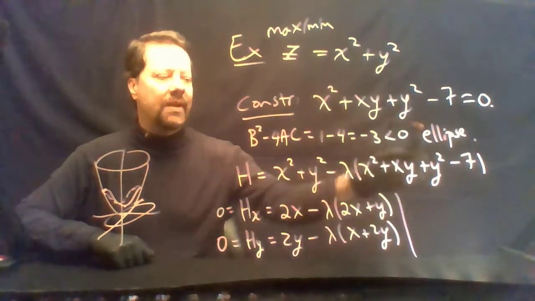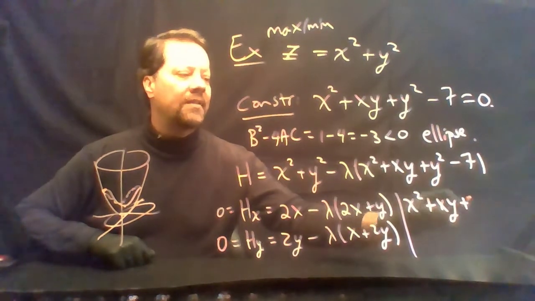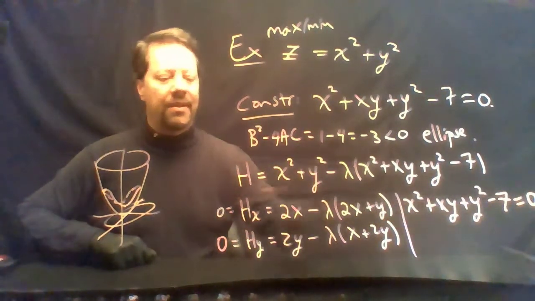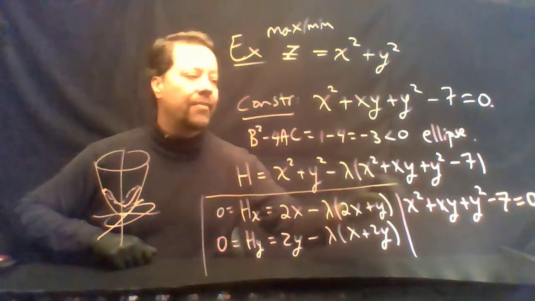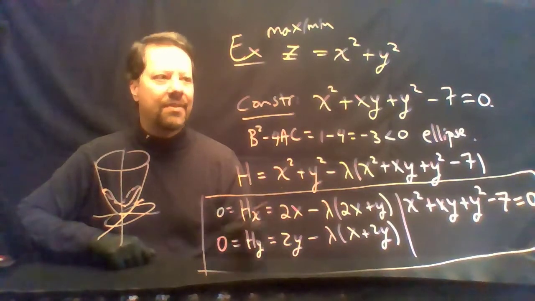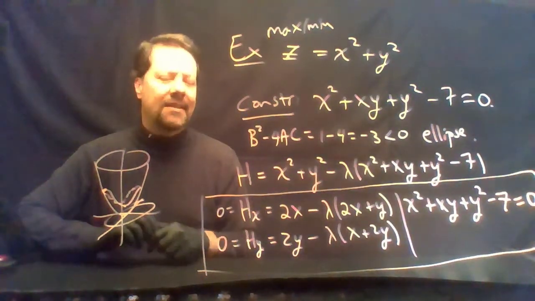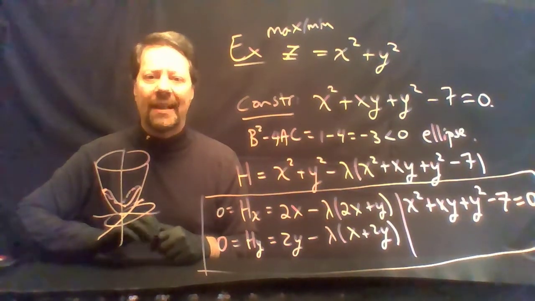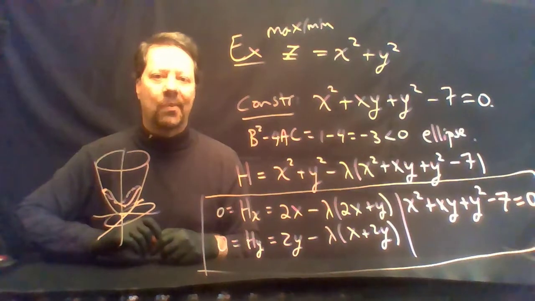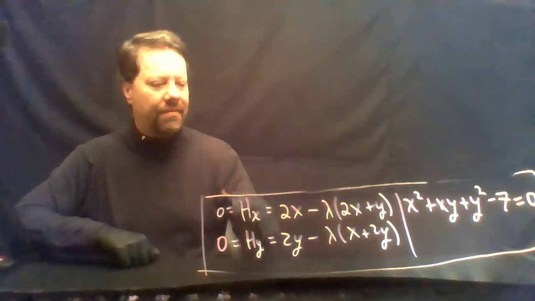So to these I'm just going to add x squared plus xy plus y squared minus 7 equals 0. Here we have three equations in the three unknowns, x, y, and lambda. Now technically we don't really care what lambda is. We can eliminate that and then try to solve for x and y. To eliminate lambda from the first two equations, we can solve for lambda.